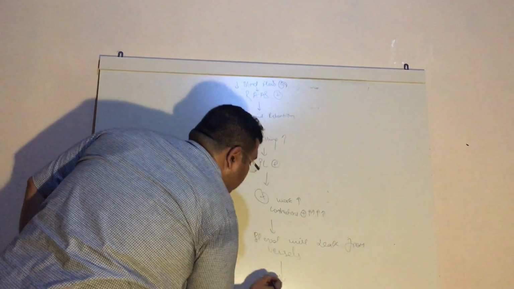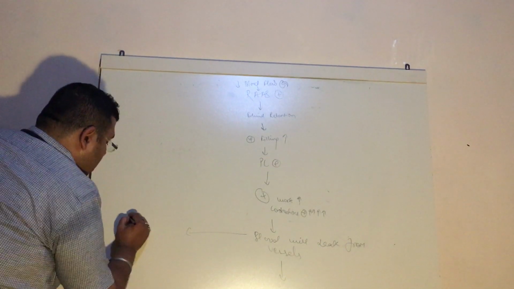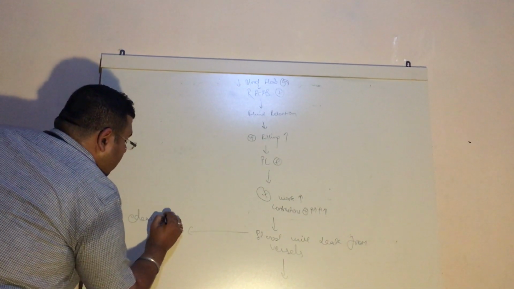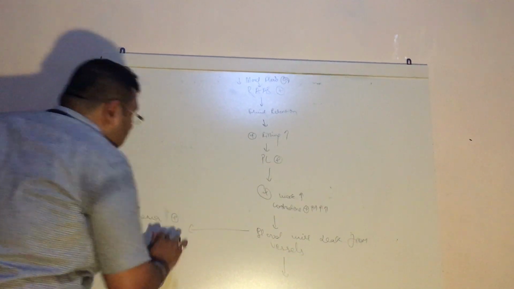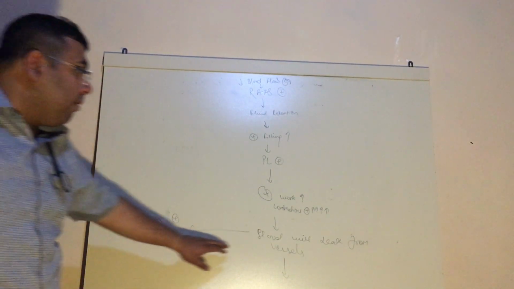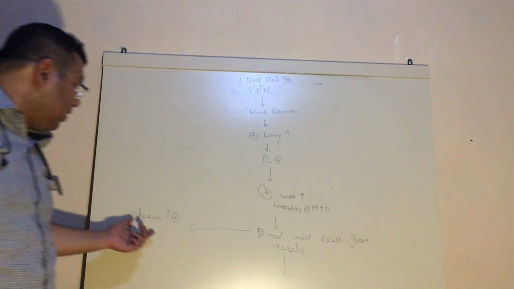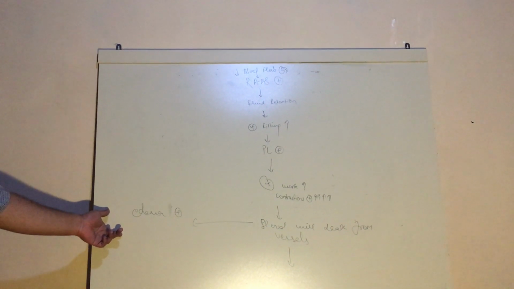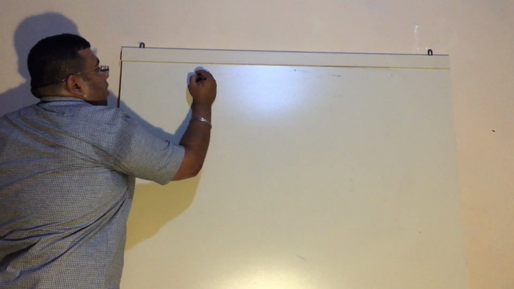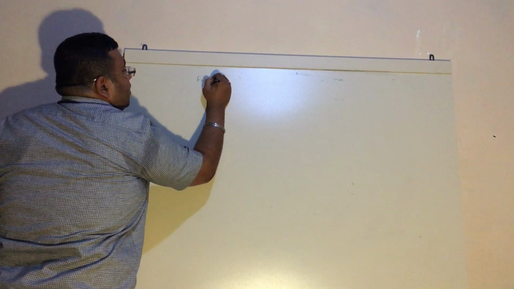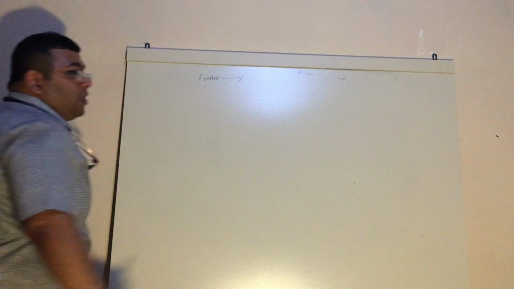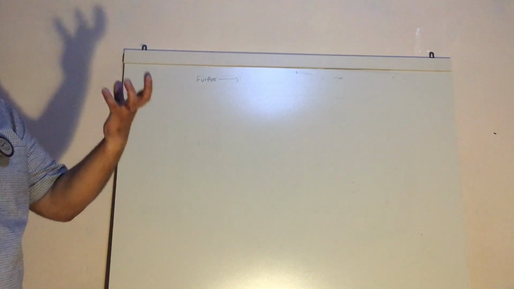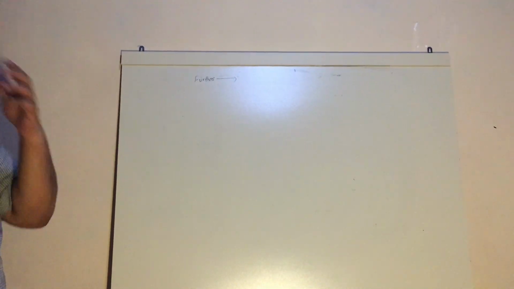Now the blood will start to leak from vessels, and edema will develop. Edema will be there because of the blood which will be leaking from the vessels. And this edema you can see all over the body in the form of puffiness, right?